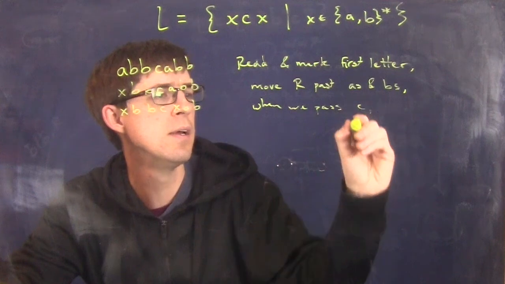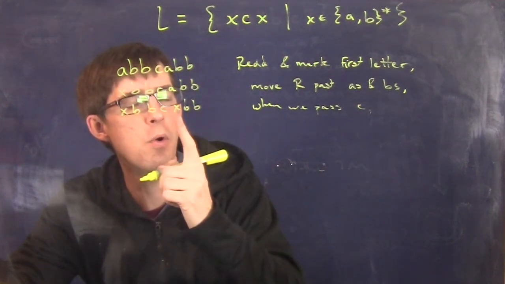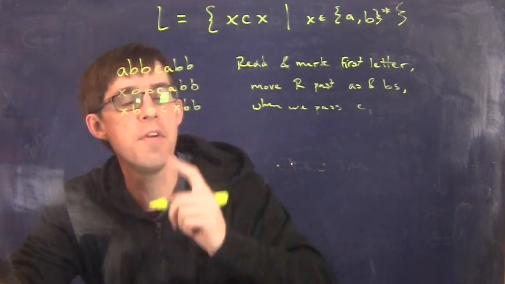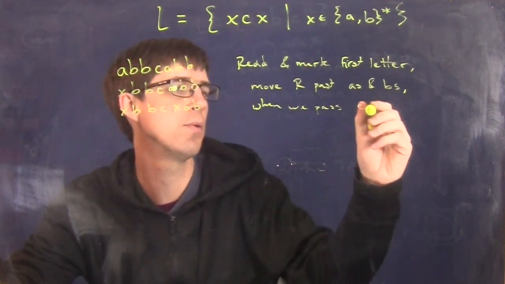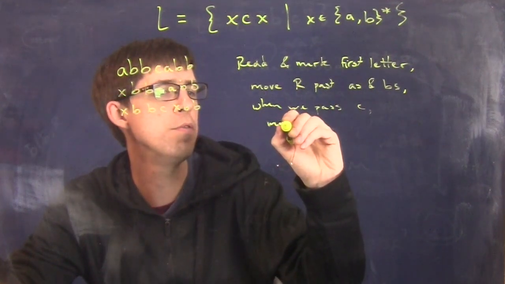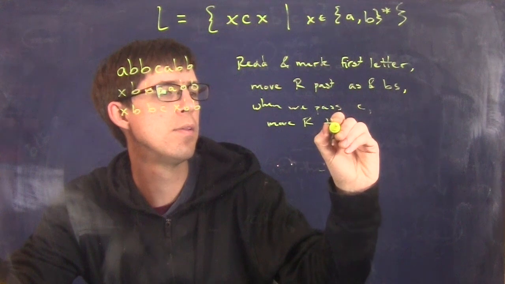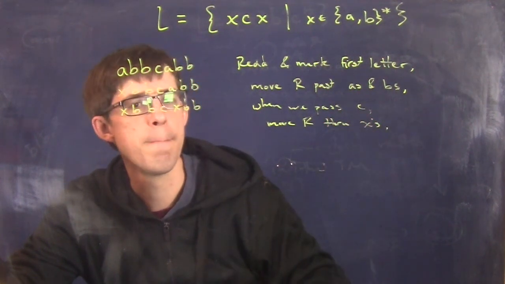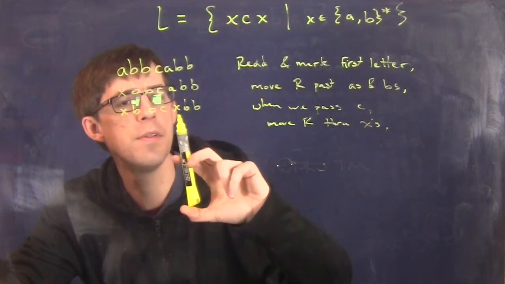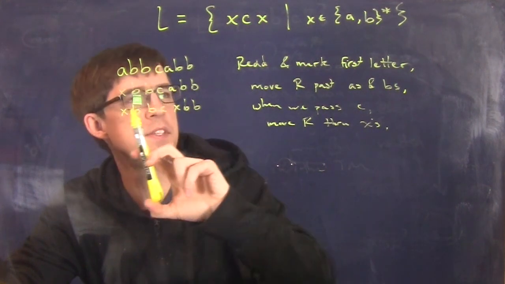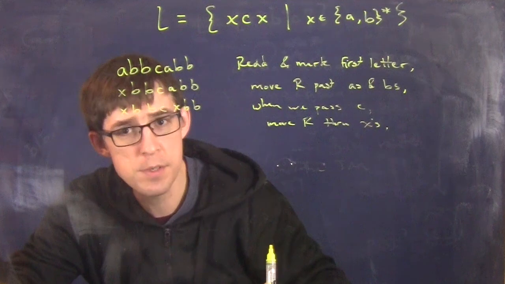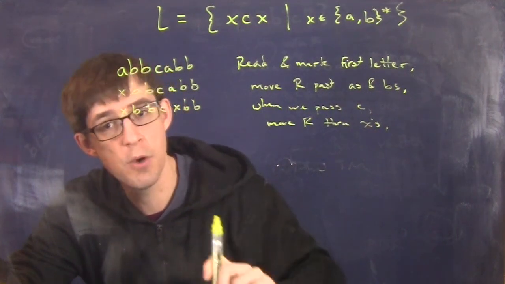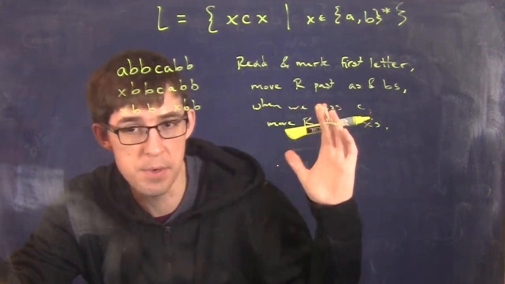And then when we pass the C, now we start moving to the right, but only through X's. And the very next letter, we're going to mark. So when we pass C, we move to the right through X's. And then if we encounter the next thing, which is not an X, if it's the same as the original marked first letter, then we should exit and go back. If it's not the same, then we should stop and reject the string.